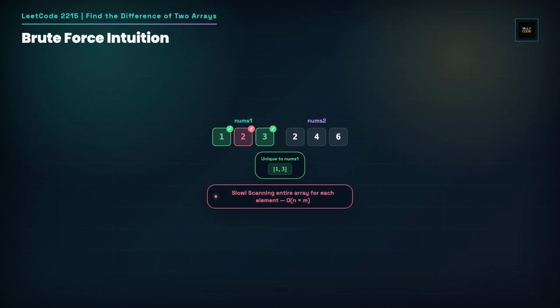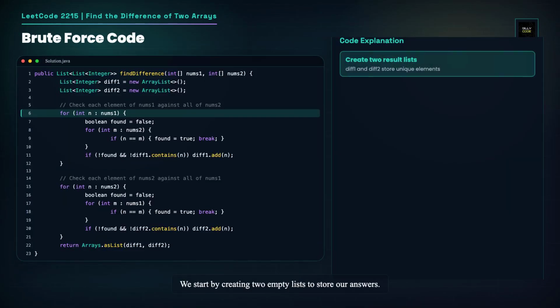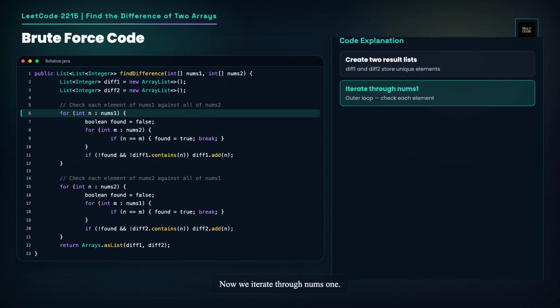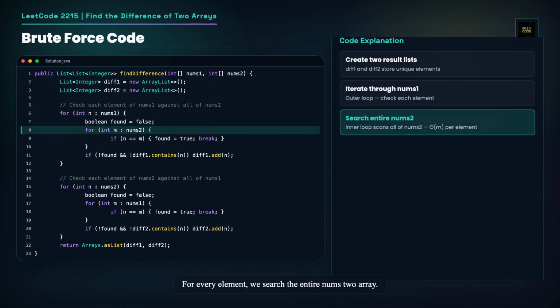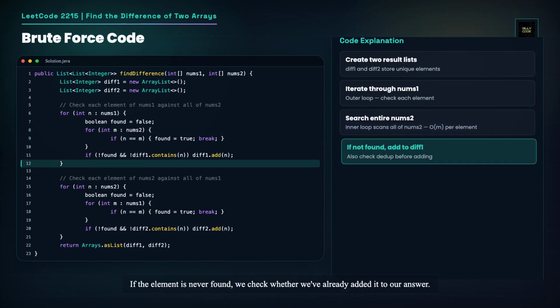Now let's see how we'd implement it. We start by creating two empty lists to store our answers. Now we iterate through nums1. For every element, we search the entire nums2 array. If the element is never found, we check whether we've already added it to our answer. If not, we add it to the first list.